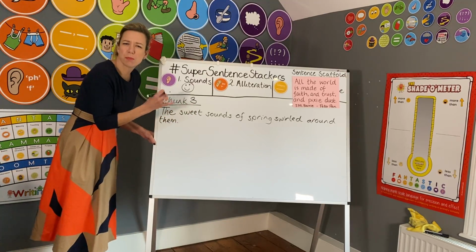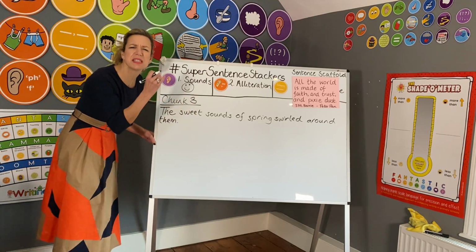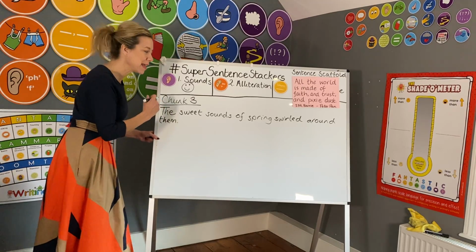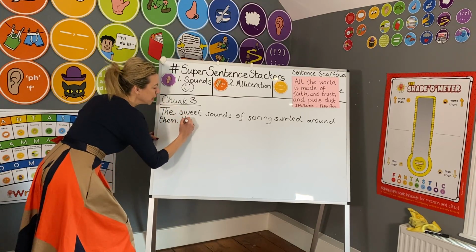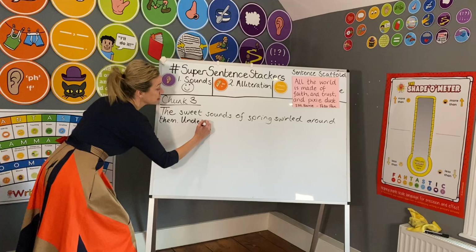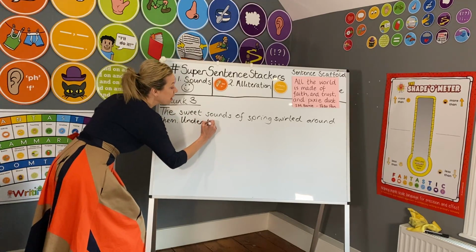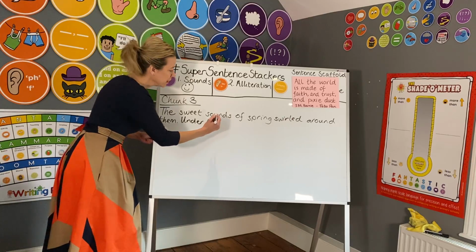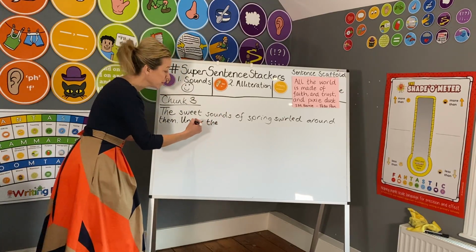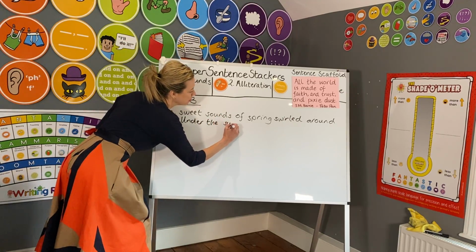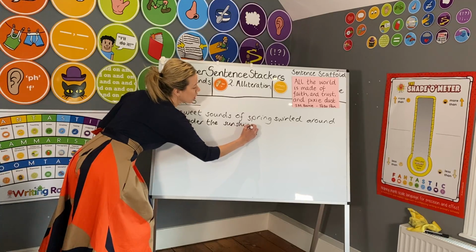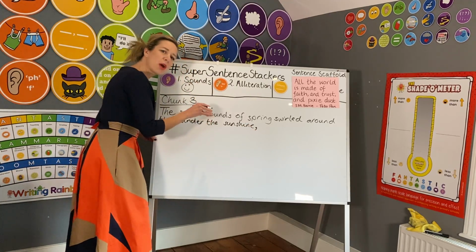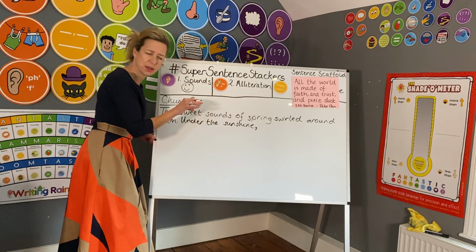I'm going to zoom into perhaps two specific sounds and who's making them. I'm going to inject some warmth into the writing as well here. Under the sunlight, the sunshine, the sky. I'm going to put under the sunshine. Under the sunshine, comma, and then I'm going to think perhaps about the birds.